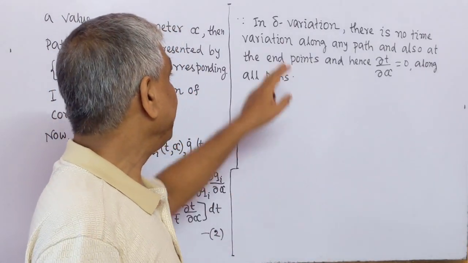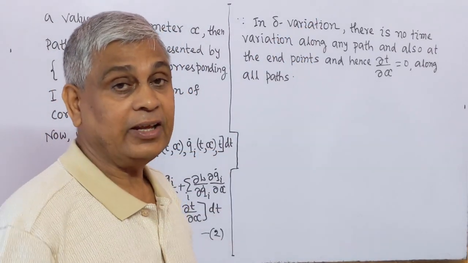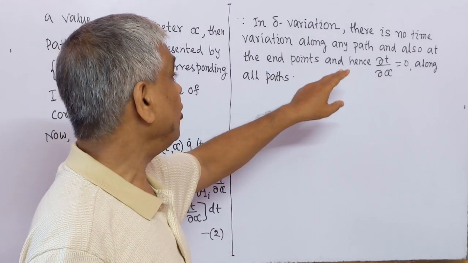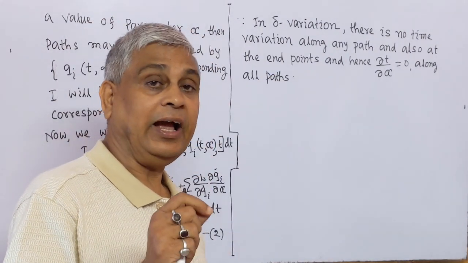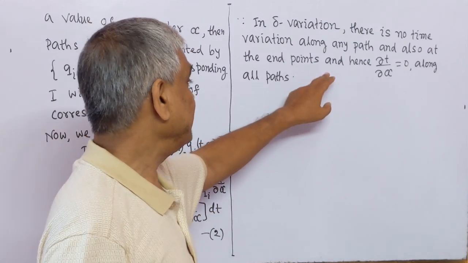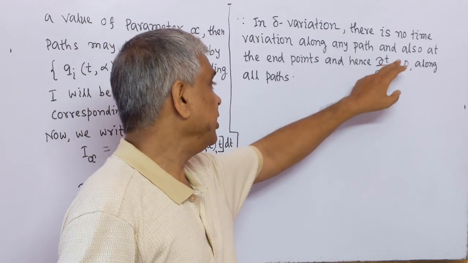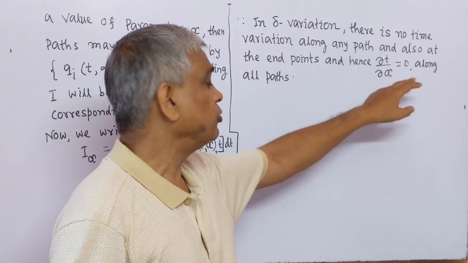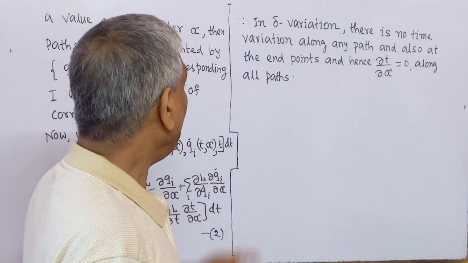Since in delta variation there is no time variation along any path and also at the end points, the partial derivative of t with respect to alpha equals 0 along all paths.